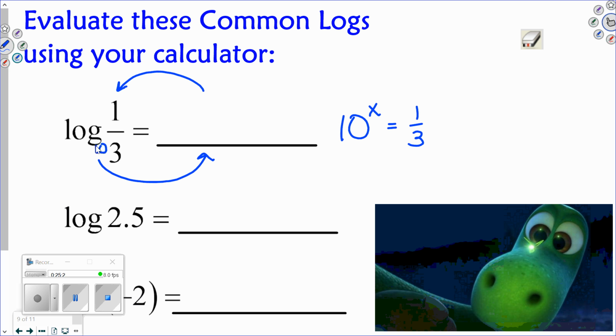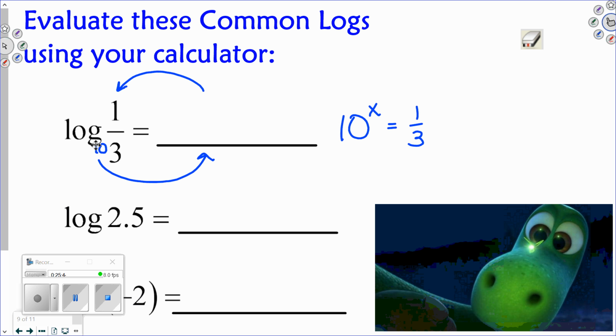Can I turn 10 into a 3 with an exponent? Is it a pretty one? No, it's not pretty. So grab your calculator. This is why we have logs in the first place, okay? It's because not all of them are pretty, so we need to figure out how to get those numbers if it's not a pretty one. And the calculator can do that for you. So type in log of 1/3.